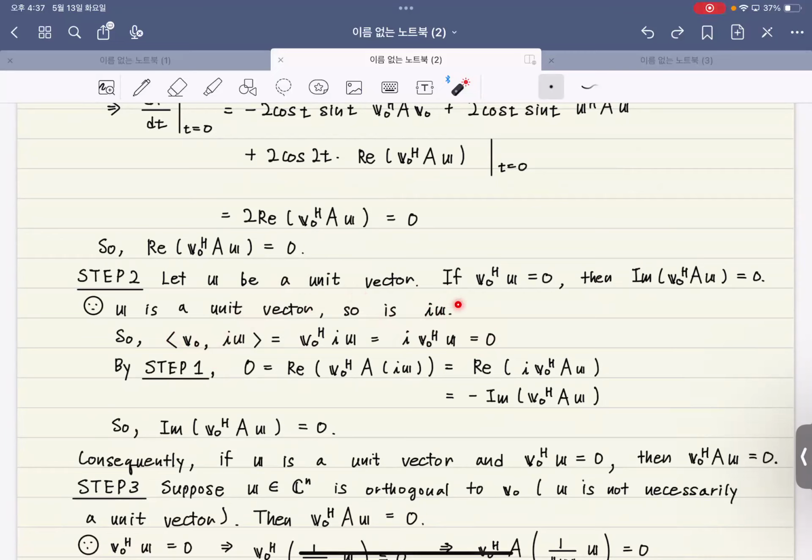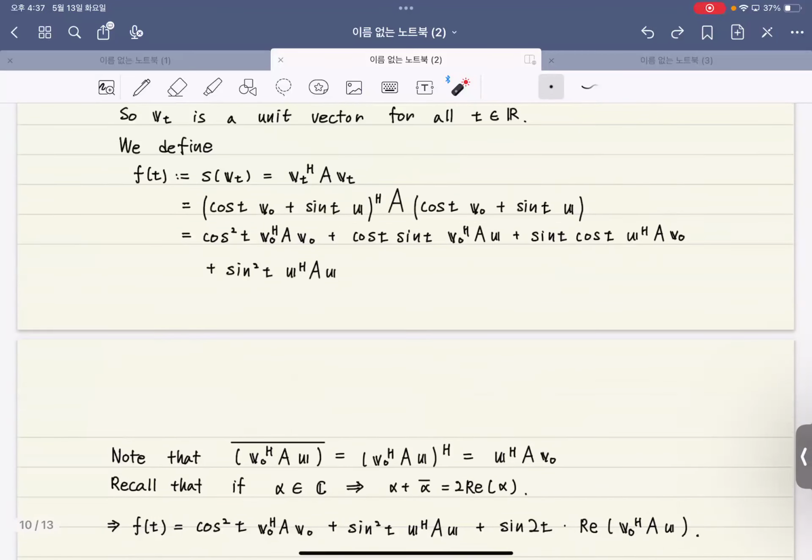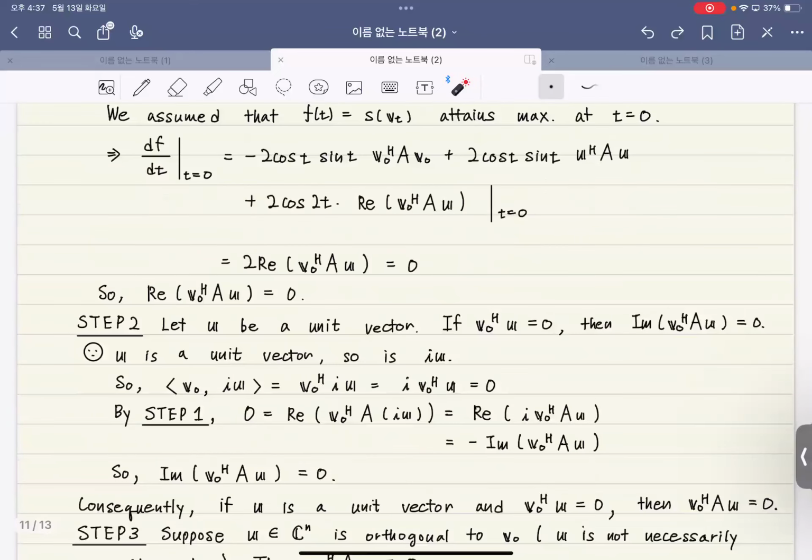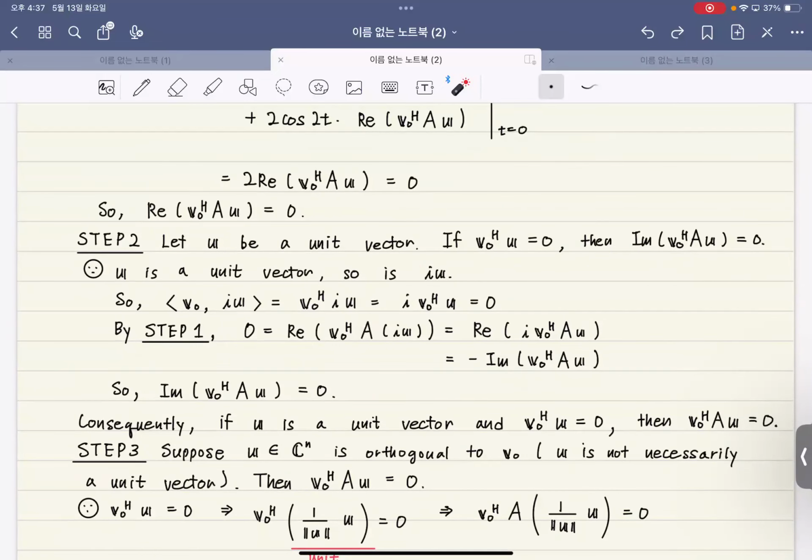Therefore, i u and v0 satisfy all the conditions given in step number 1, so the real part should be 0. But the real part of this is actually the minus of the imaginary part of the other one, so the imaginary part also must be 0. So combining step 1 and step 2, if u is a unit vector perpendicular to v0, then this should be 0 because the real part and imaginary part are both 0.